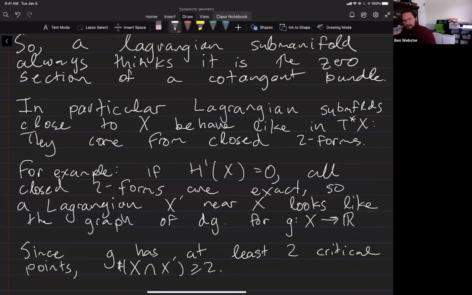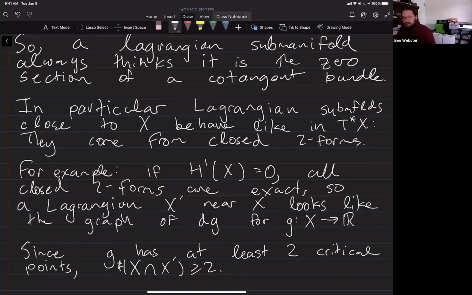You have a Lagrangian submanifold X, and you deform it to some X prime that's pretty close. Cannas da Silva talks about C1 closeness, but let me not worry about those details. It looks like a Lagrangian submanifold close to the zero section in T star of X.